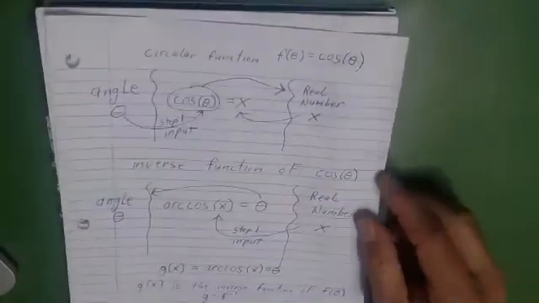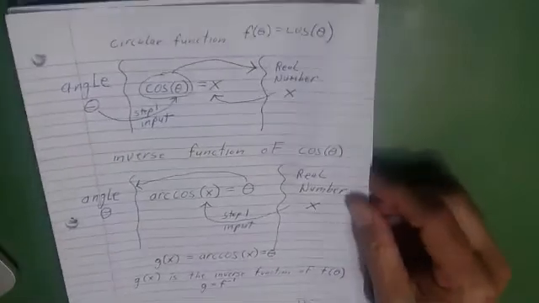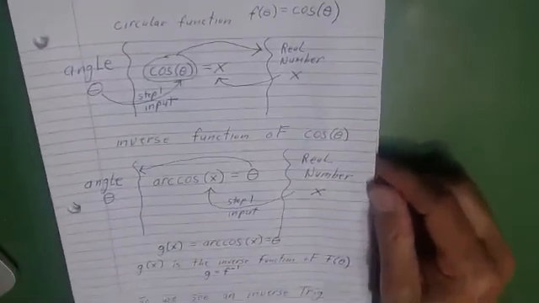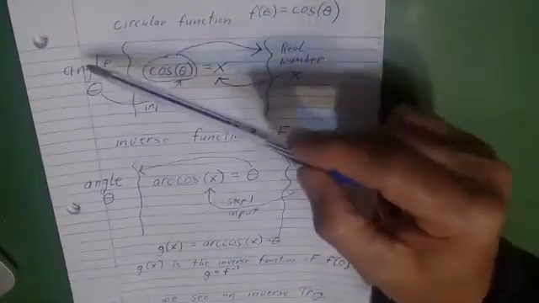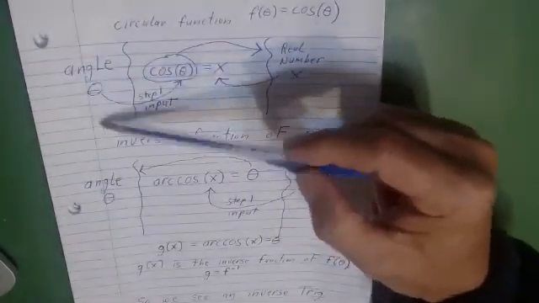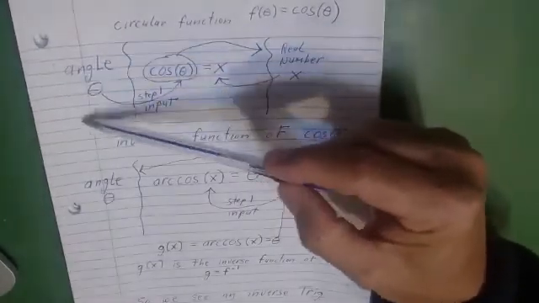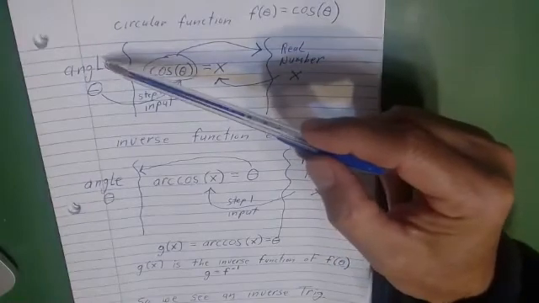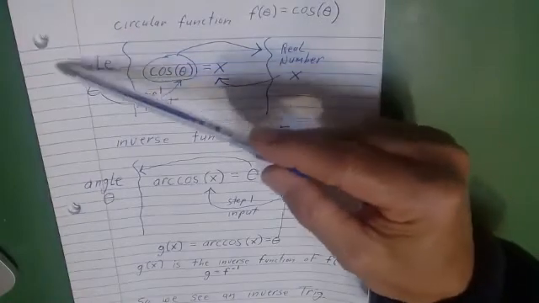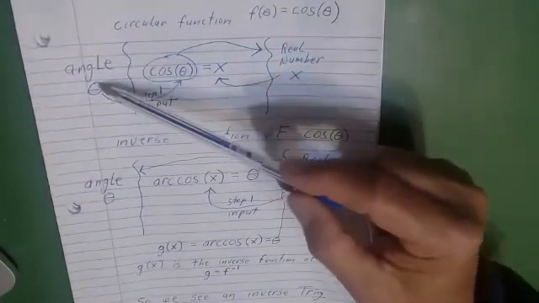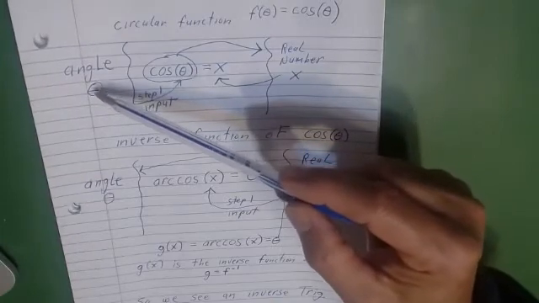And here's the big idea with the inverse trig function. In a function, we start out, you can think of this as a space, right? We start out with angle space, and here I'm calling the angle theta.